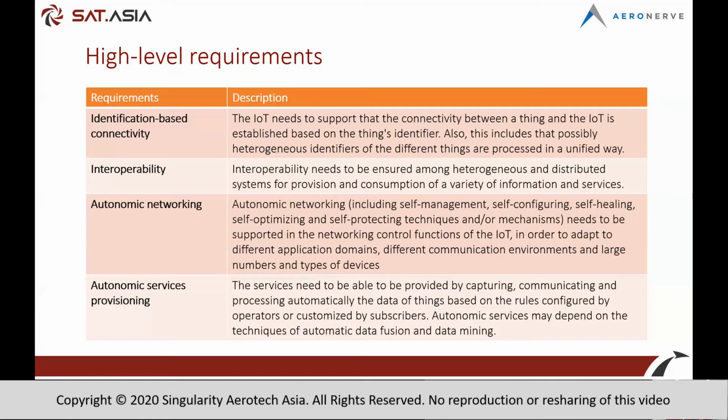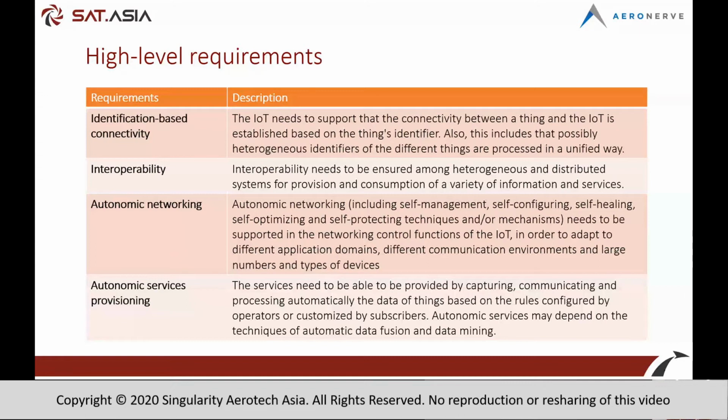The IoT needs to support that the connectivity between things is established based on the thing's identifier, and this includes any heterogeneous identifiers for the different things that are processed. So that means all sensors have unique IDs. They cannot have the same ID. Otherwise you will not be able to distinguish what is what and where is where.